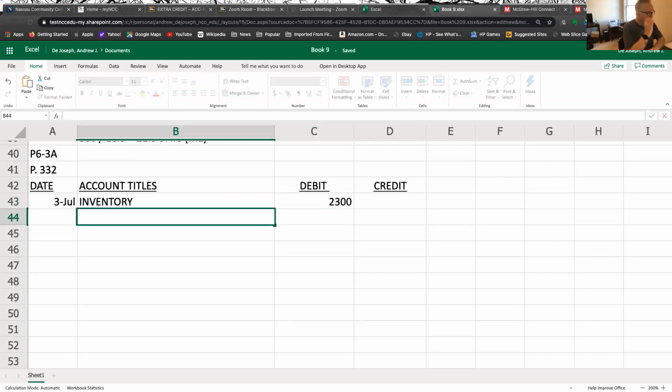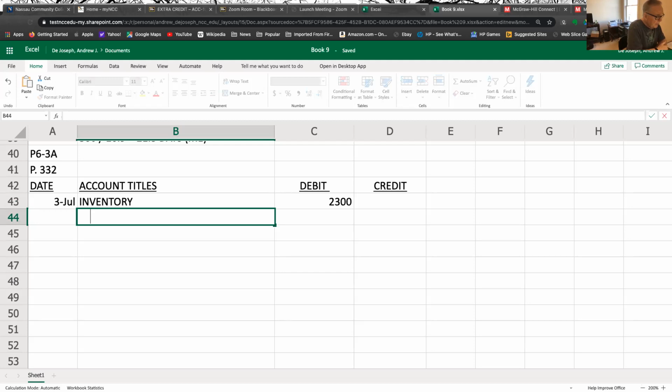And what are we going to credit now here? If we were paying cash, it would say paid cash. But what does it say? It says terms 1/10, n/30. Do you remember what that meant from the last chapter? That's a discount or a potential discount. So I'm buying this stuff on July 3rd and I'm not paying for it yet.